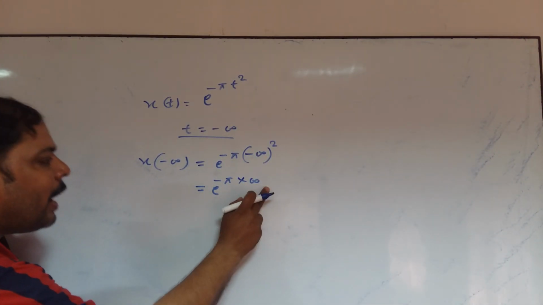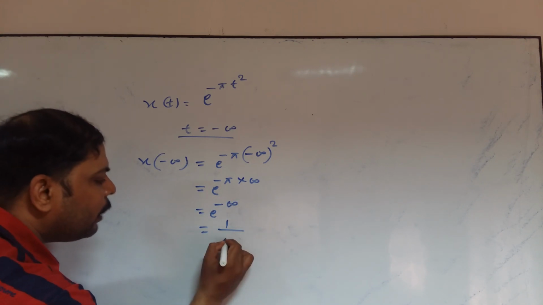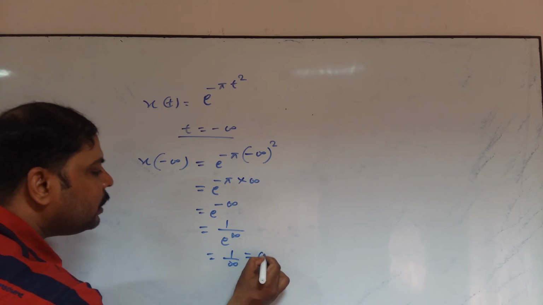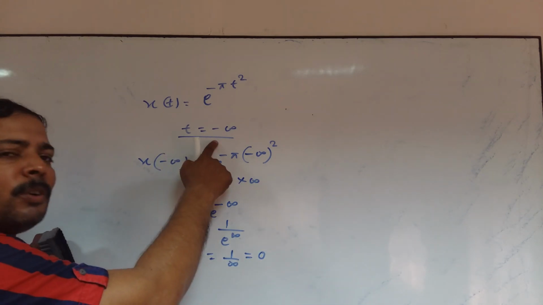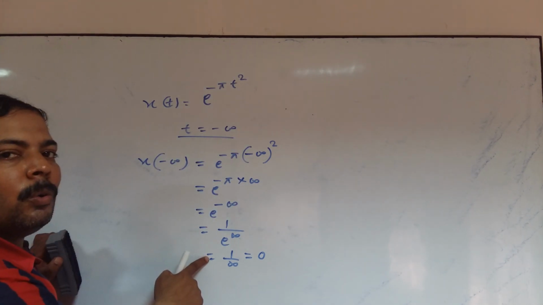That means e to the minus pi into infinity, you will find e to the minus infinity, which is equal to 1 by e to the power infinity, equal to 1 by infinity, equal to 0. That means at t is equal to minus infinity, this signal has value 0.